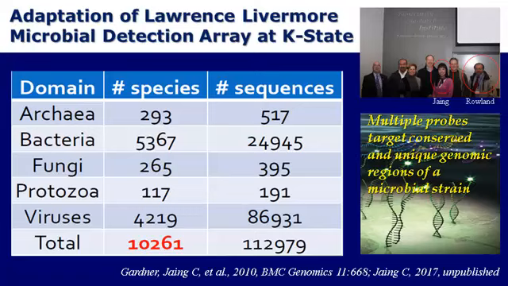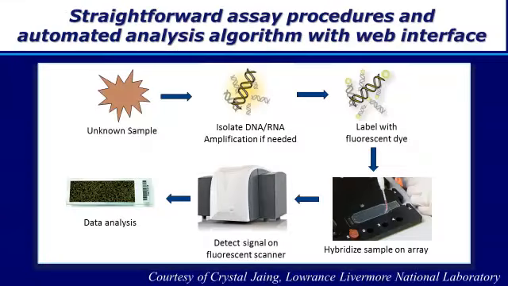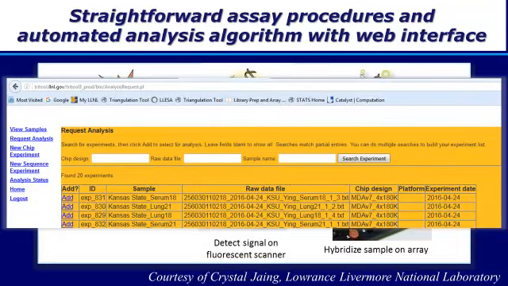This design efficiently detects known and unknown pathogens in a single testing tube. The microarray procedure is straightforward and easy to use, with an automatic analysis algorithm and a web interface. The data analysis can be initiated within 30 minutes.